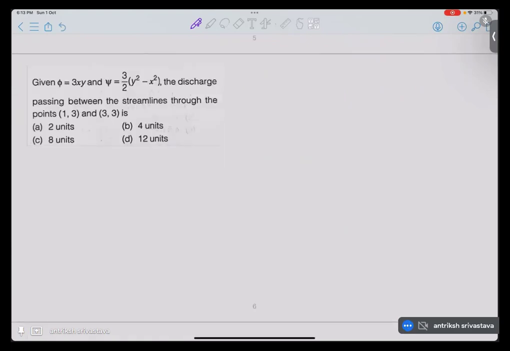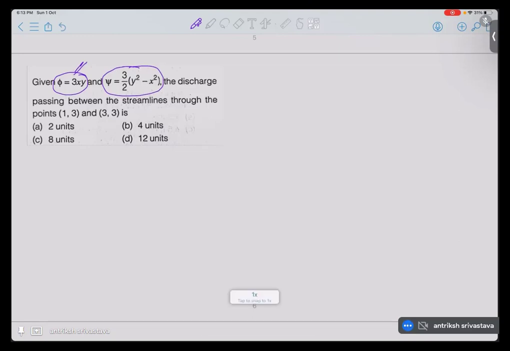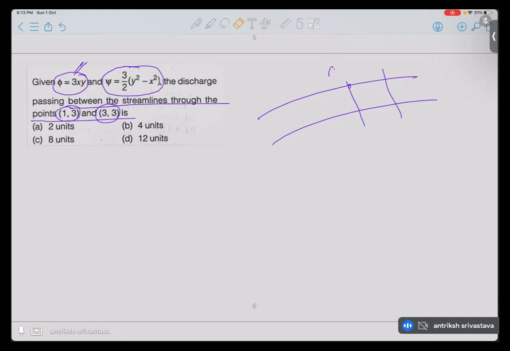Okay, so we have been given the velocity potential and the stream function. Given the velocity potential and the stream function, the discharge passing between the stream lines through the points 1, 3 and 3, 3 is, so there are 2 points, 1, 3 and 3, 3.